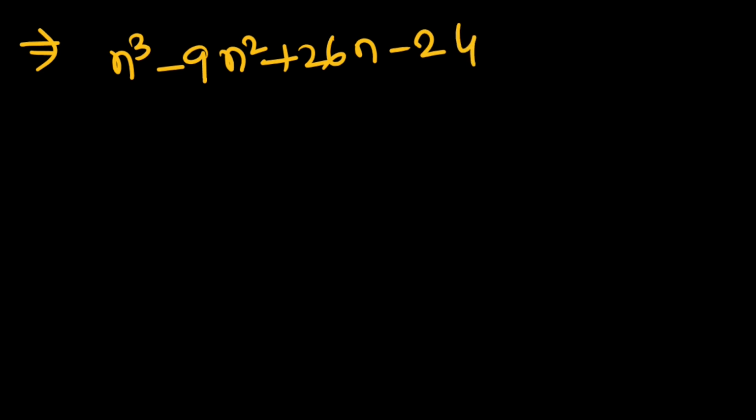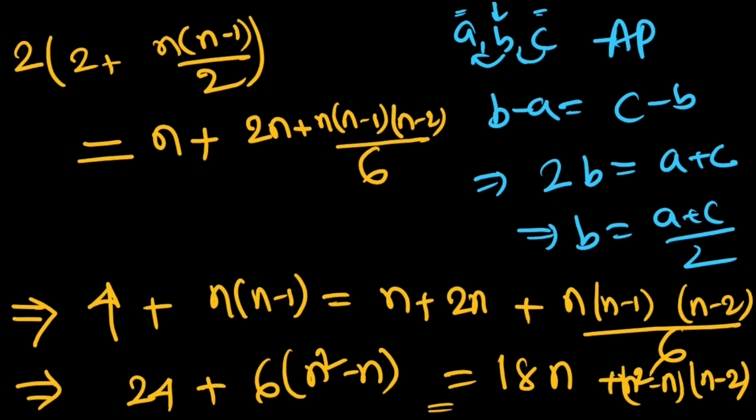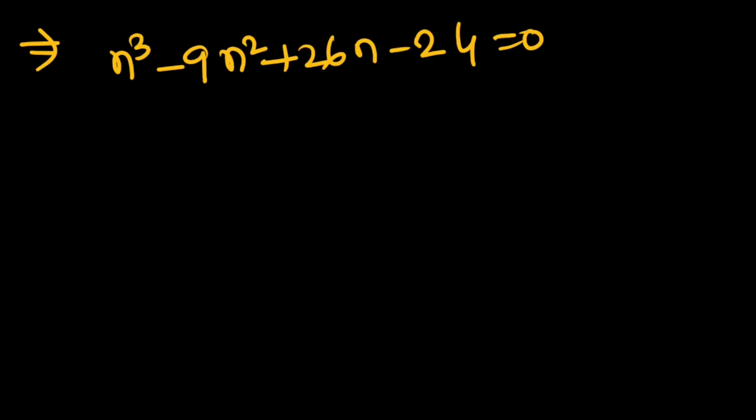When we simplify this equation, we get a cubic equation in n, that is n cube minus 9 n square plus 26n minus 24 is equal to 0. If we carefully calculate and take all terms on the left hand side, we get this equation.